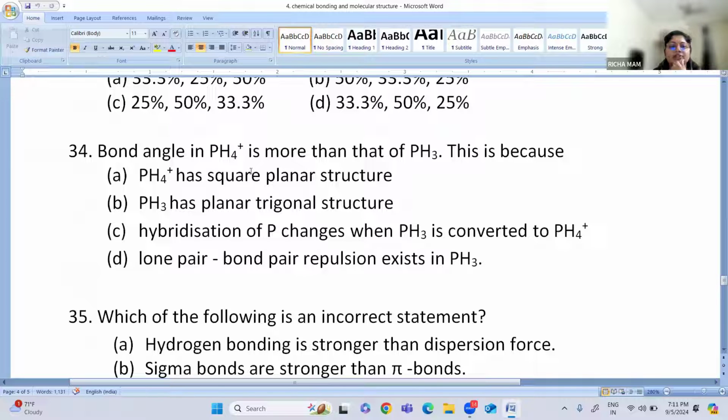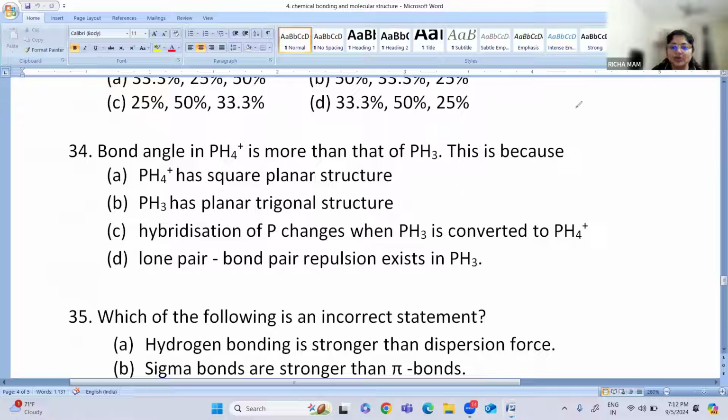Bond angle in PH4 plus is more than that of PH3. What is the reason?